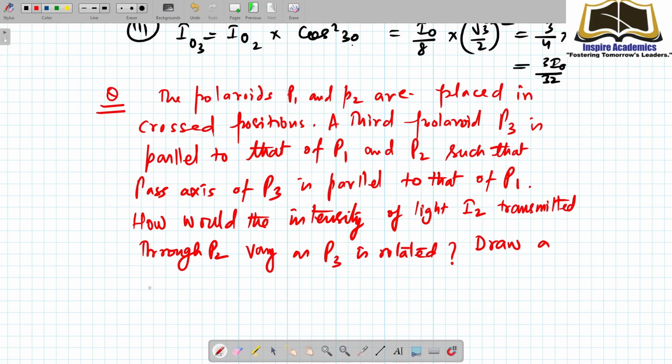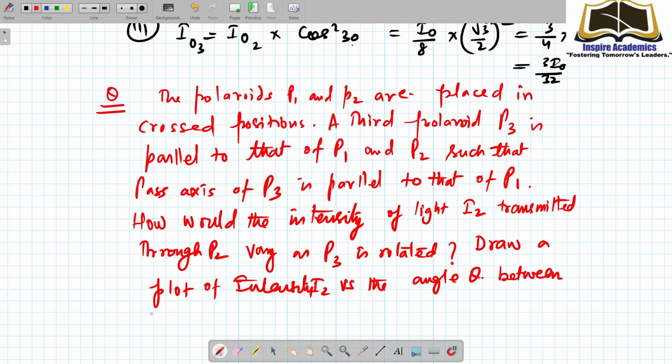Draw a plot of intensity I2 versus the angle theta between path axis of P1 and P3.